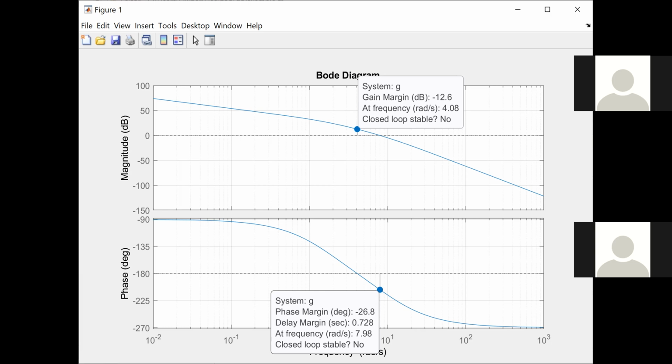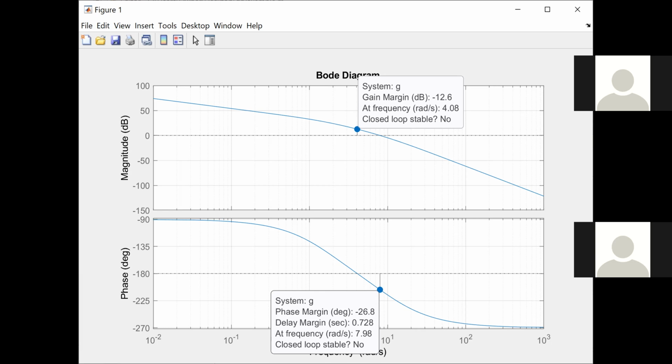What is the phase margin frequency? 7.98 radian per second. So what is the conclusion of stability? Unstable. What did I tell you just now? The system is unstable due to negative gain margin and negative phase margin. Please take note. All right, thank you.